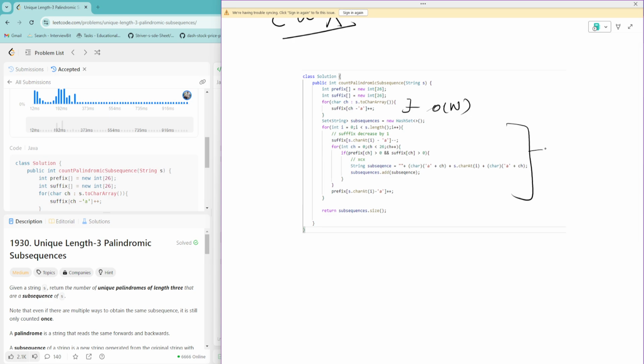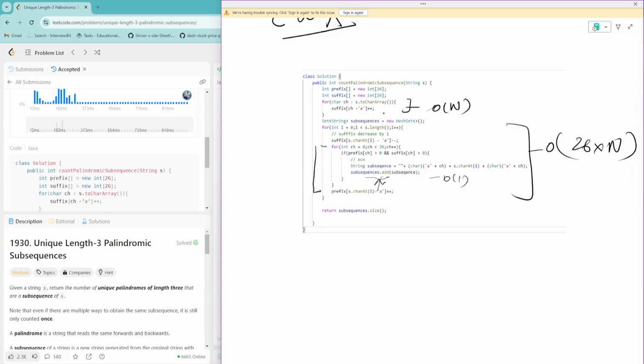This traversal is also taking us order of n time. And for this, because it is a constant traversal of constant length 26, we can consider 26 into n. Now, we are putting something into a hash set, because it is a hash set implementation, so we do not need to worry about time complexity. It would be order of 1.